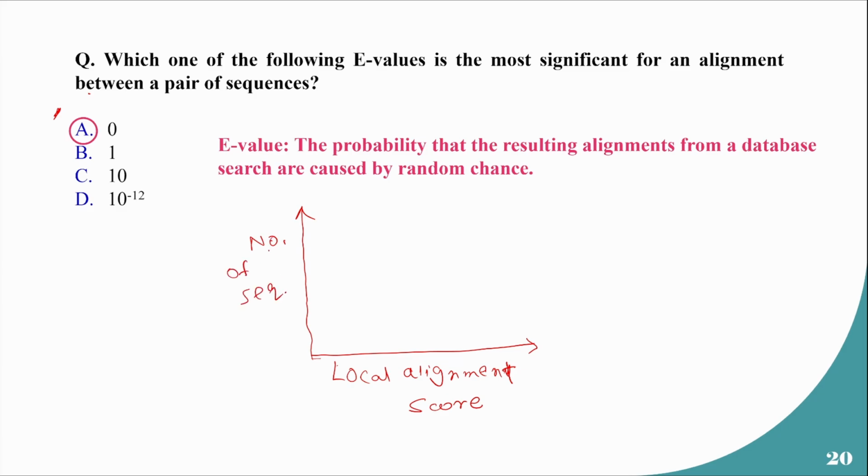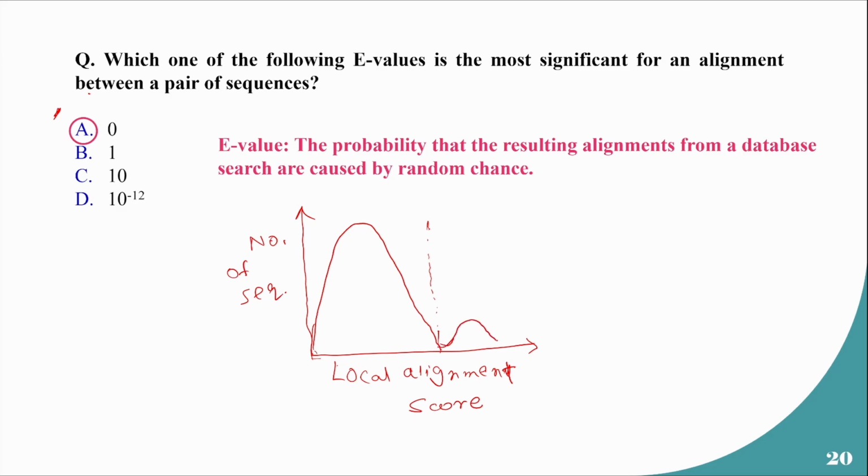Now, in an ideal situation, if you have, let's say, this set as a threshold for a local alignment score, then for unrelated sequences, of which there will be a lot, for an ideal situation you should see something like this, okay?